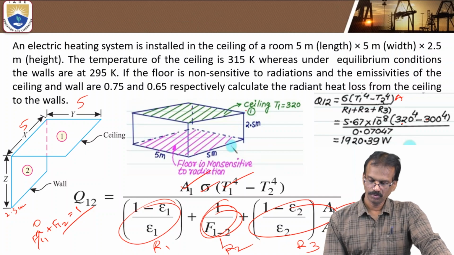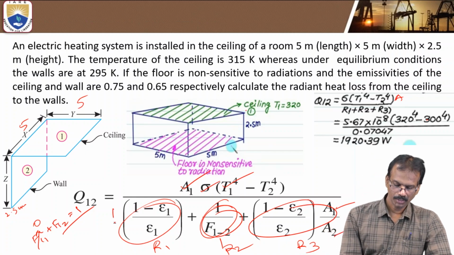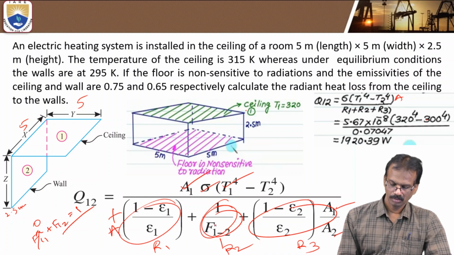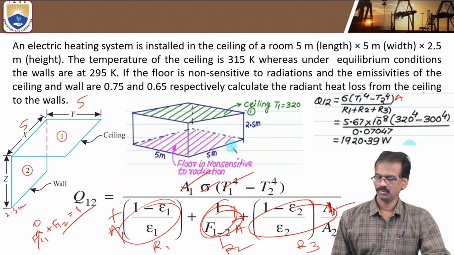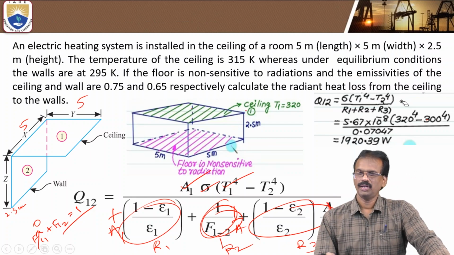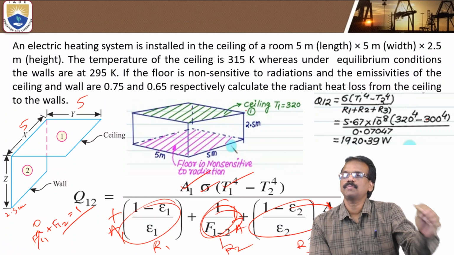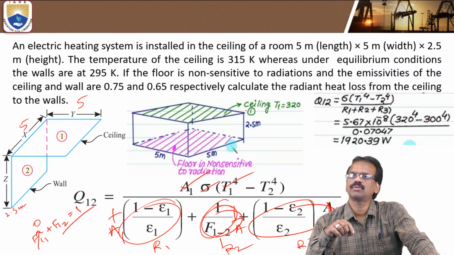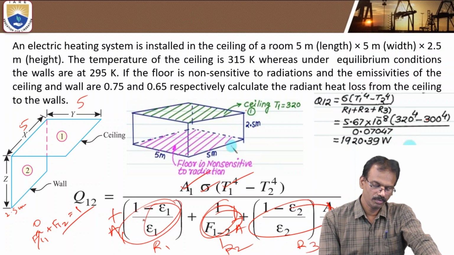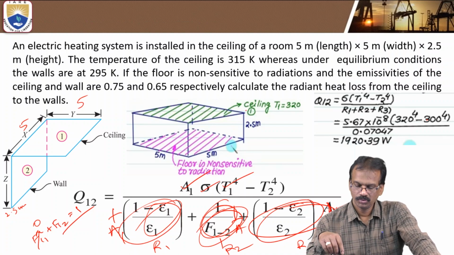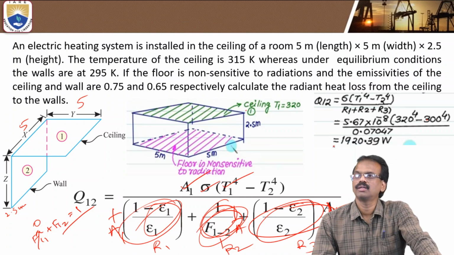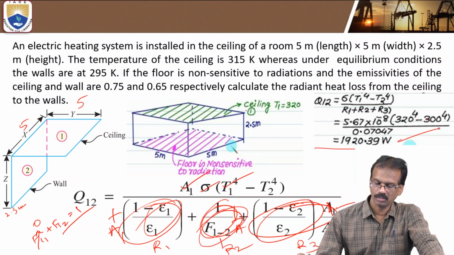Otherwise, if you consider area here, so 1 by A1, here also 1 by A1, here 1 by A2. So you can consider this one. So finally, Q12 is equal to sigma T1 to the 4 minus T2 to the 4, by total resistances: resistance R1, resistance R2 and R3. If you solve this one, we will get a final answer, that is 1920.39 watts. So this is the value.